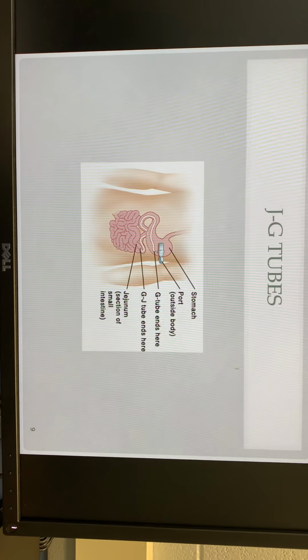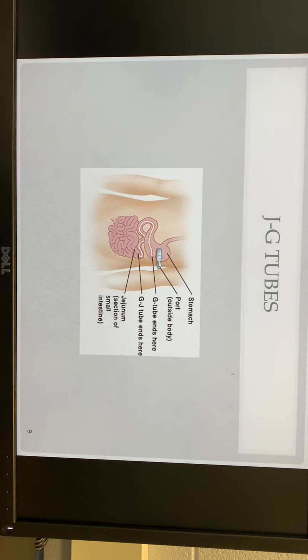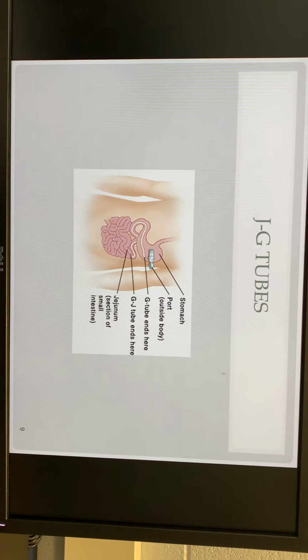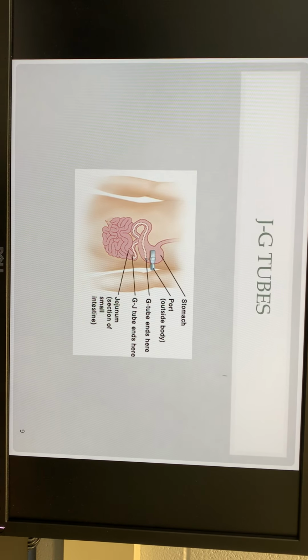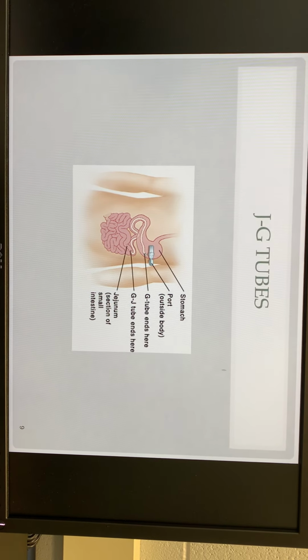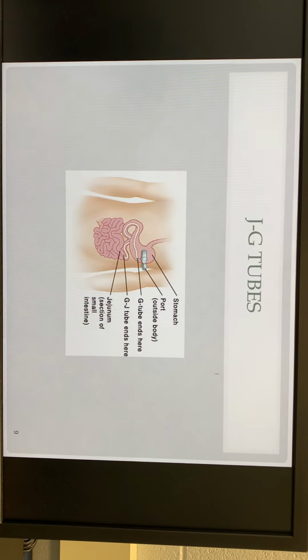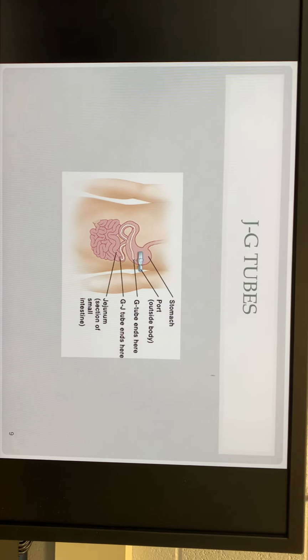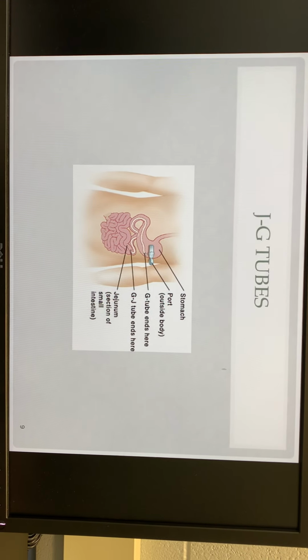This is a picture of something called a JG tube. It's got 2 ports and 2 tubes. The G tube ends in the stomach, the J tube ends in the jejunum, which is the second section of the small intestine.